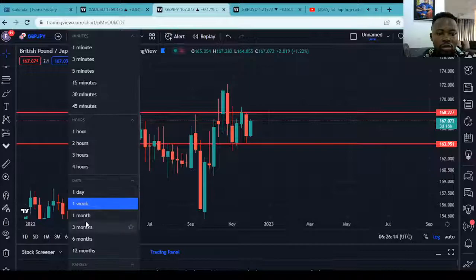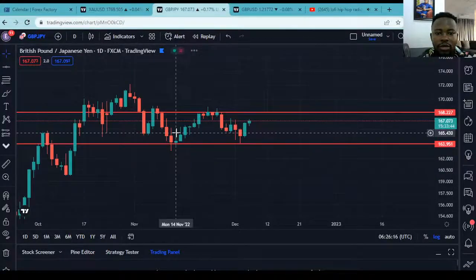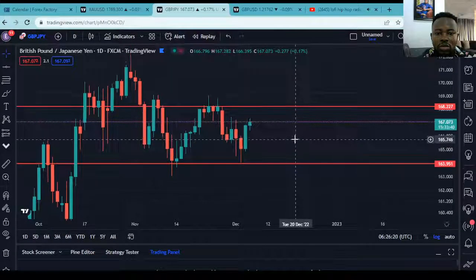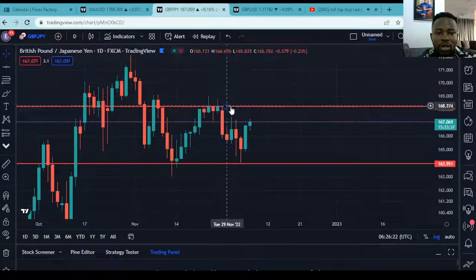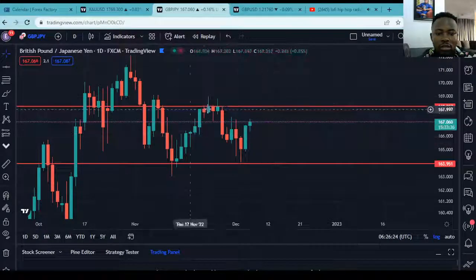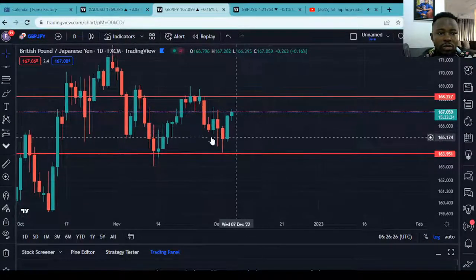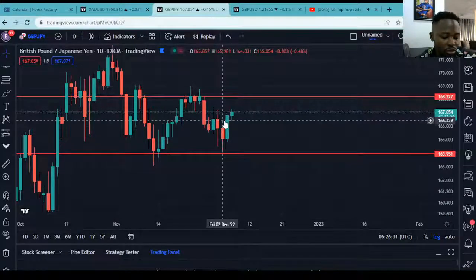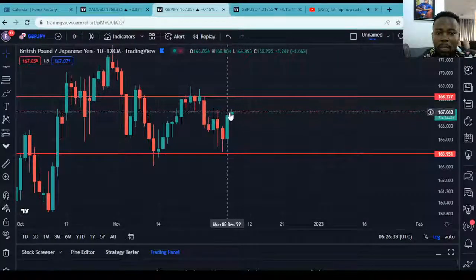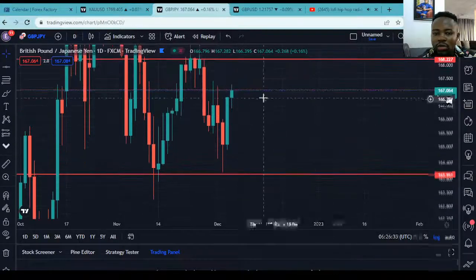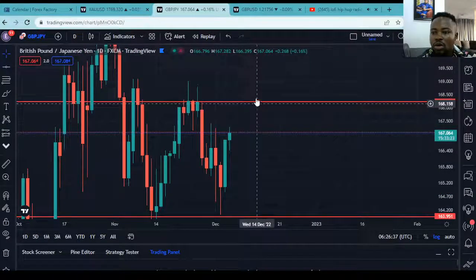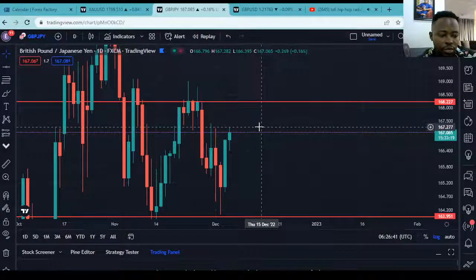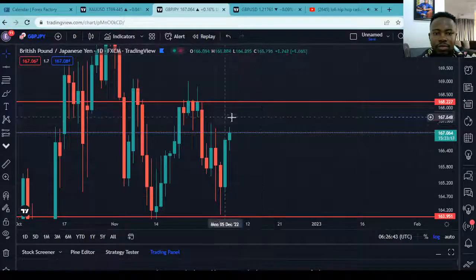So let's go to the daily time frame. On the daily too, we have the same area on the weekly as our resistance, and we'll have the support down here. And yesterday's candle closed a very strong bullish candle, right? And this current daily candle has broken the high, so I think we should continue up towards 168.00 area.